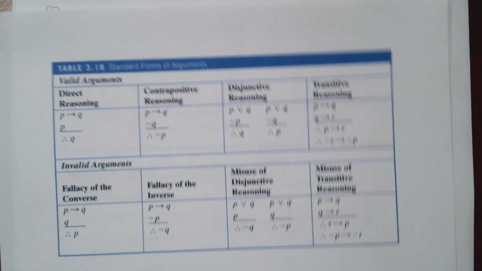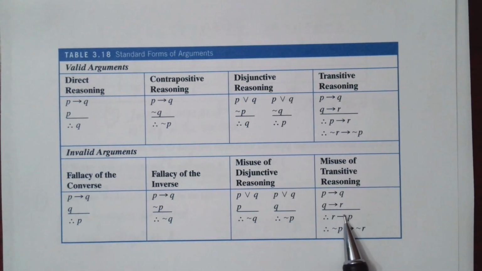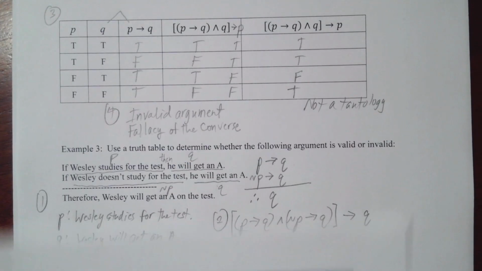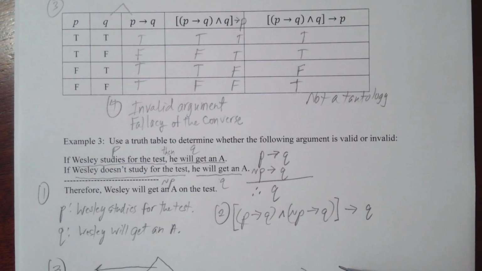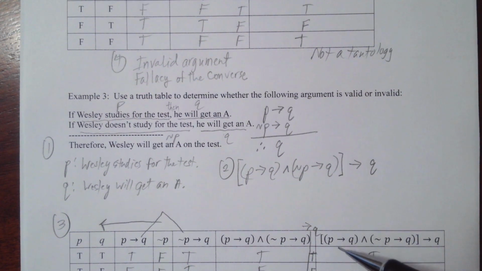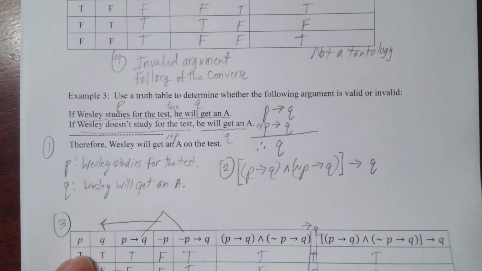See, not P implies Q, that's not, yeah, we don't have any, this is not one of our standard forms. So on number 3, we showed that it was a valid argument, and it's not one of the standard forms, so we wouldn't be able to use this table to determine whether it's an argument or not. Let's move on to the last one, number 4.